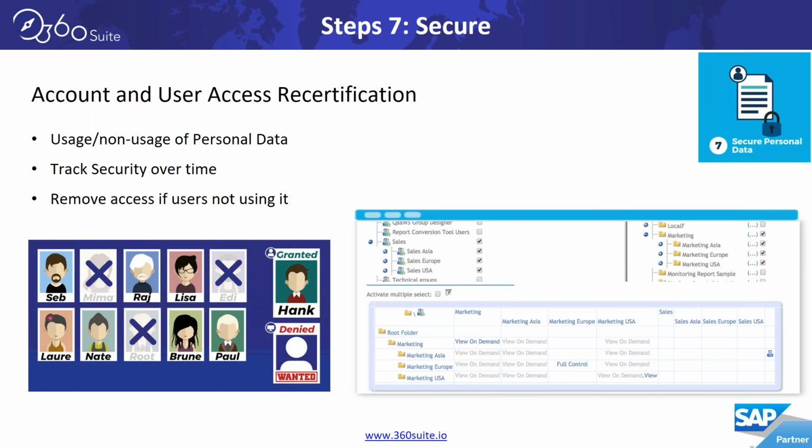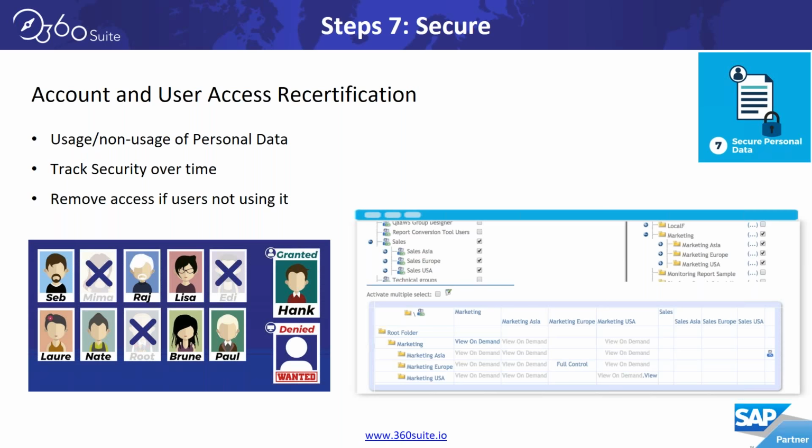But the other thing is, it's important to keep tracking the security over time, so you remove access from people who are not using it. So if we have a user here called Seb, Seb today has access to some personal data. Through your monitoring and your documentation with 360 Eyes, it turns out that Seb in the last 6 months has not used the personal data he has access to.